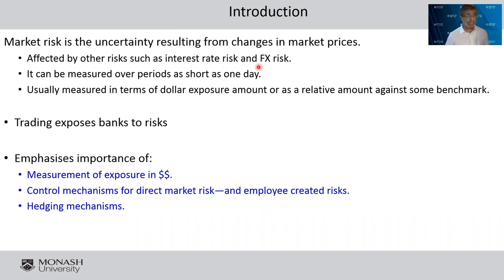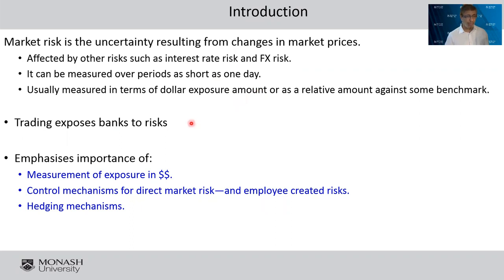We say, if we have a portfolio of 1 billion ringgit, for example, in some type of market or assets, then our loss in one day is maybe 100 million, something like this. So actually it is measured in dollar value, not in percentages.